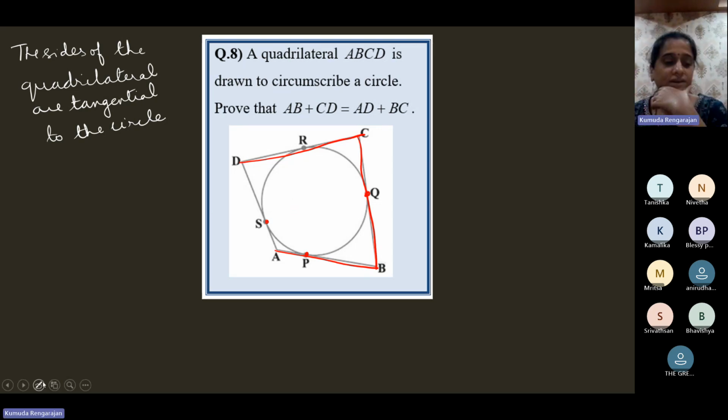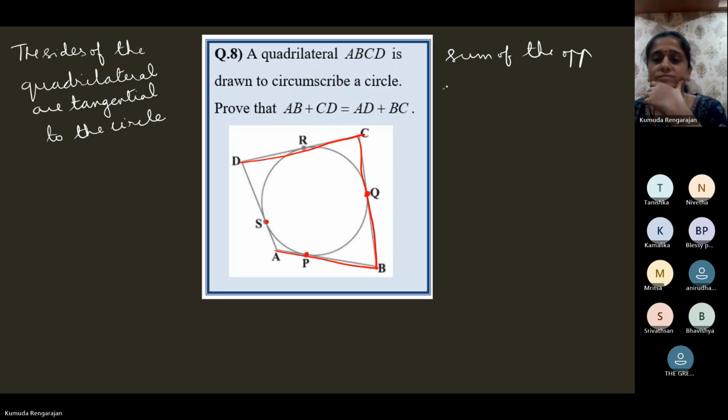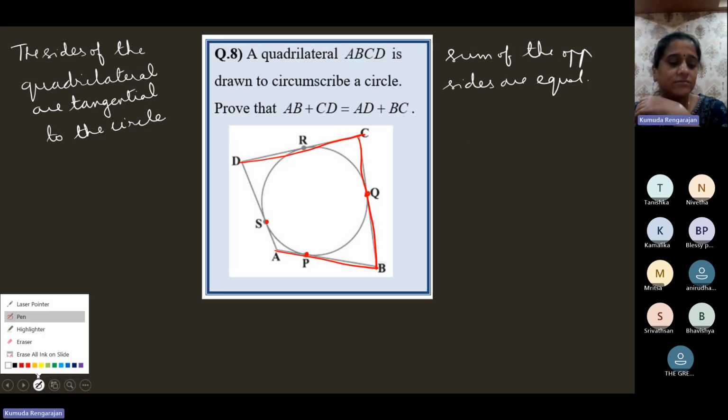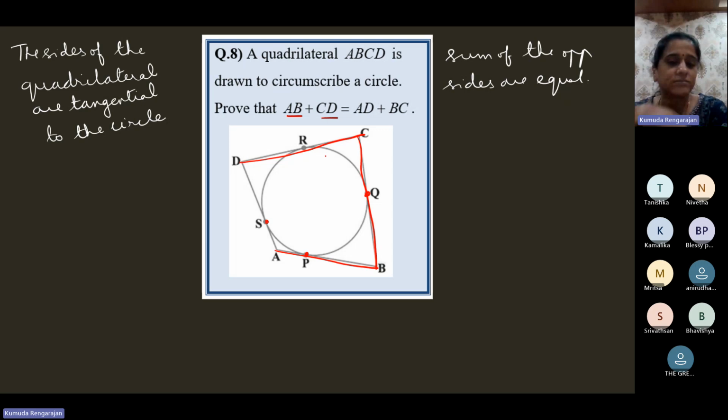Now, this result in words is to prove that the sum of the opposite sides are equal. What are AB and CD? AB and CD, opposite sides of the quadrilateral. What about AD and BC?